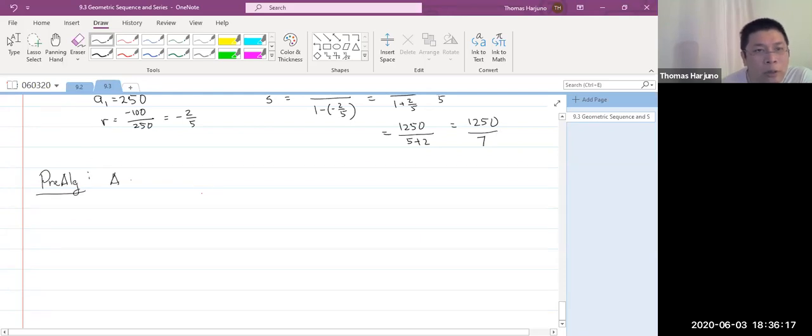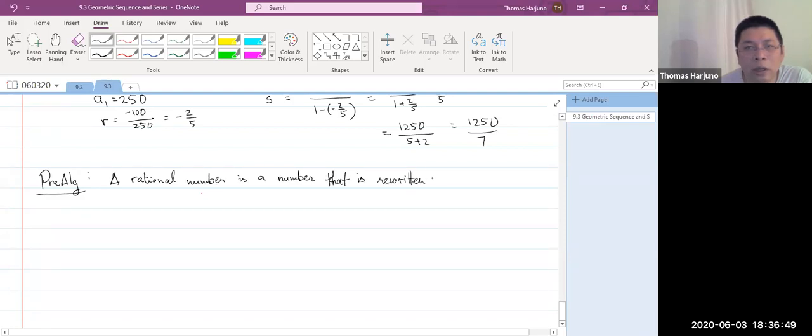A number is called rational if that number can be rewritten as a fraction, a over b, where the denominator is not 0.